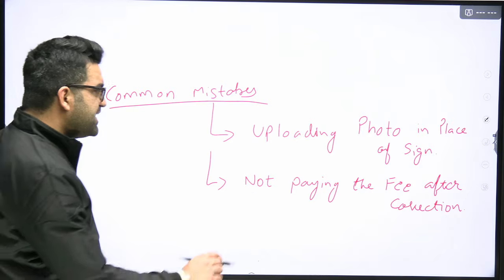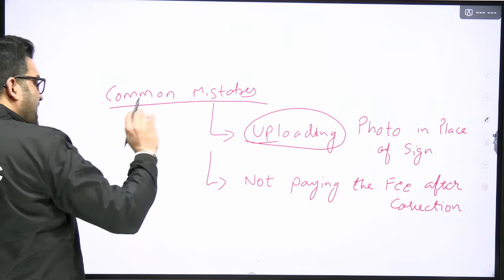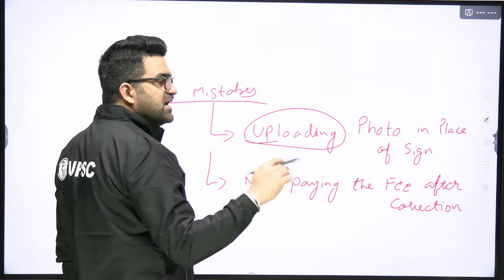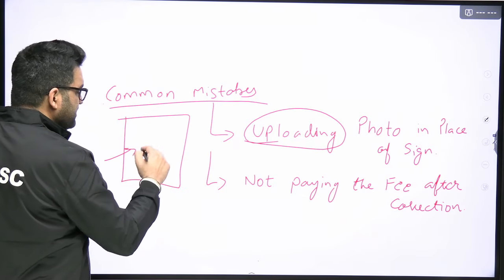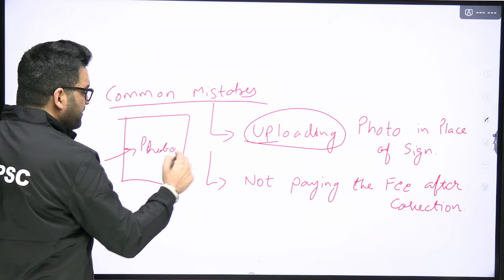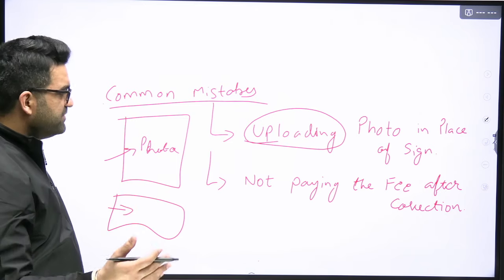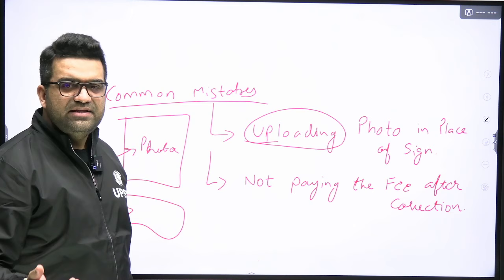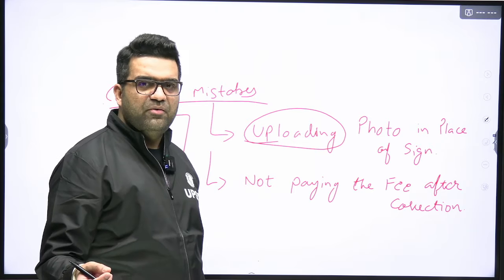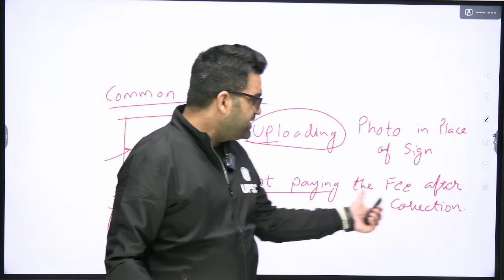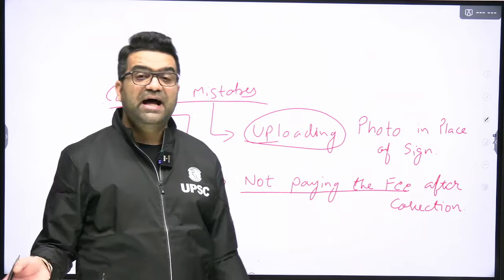Now, common mistakes. UPSC has forewarned that many otherwise eligible applicants, having thorough knowledge, end up committing this mistake: they upload their signature in place of photo, and their photo in place of signature. Another mistake is, while revising the form, after they have submitted the form and paid the fee, they do not pay the fee the second time, thinking that the fee they already paid will be adjusted.